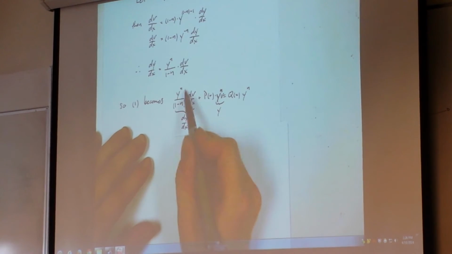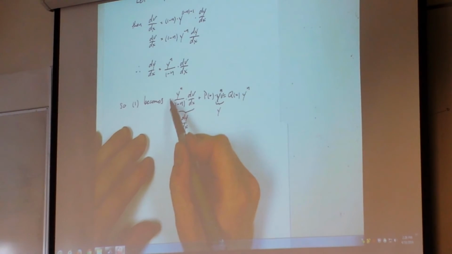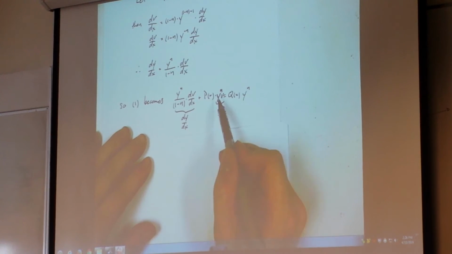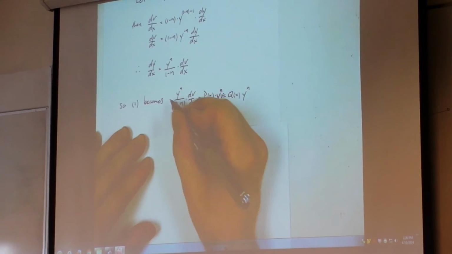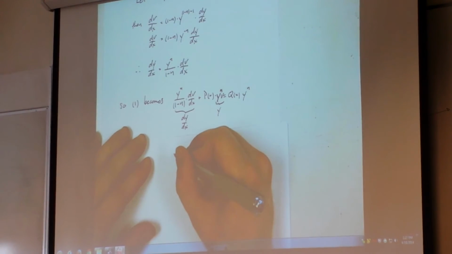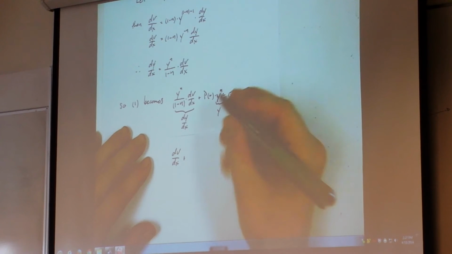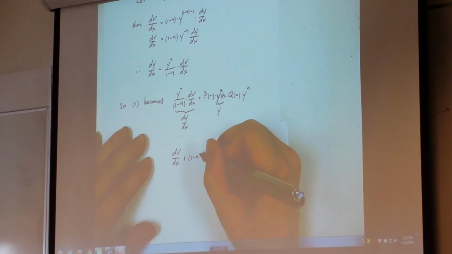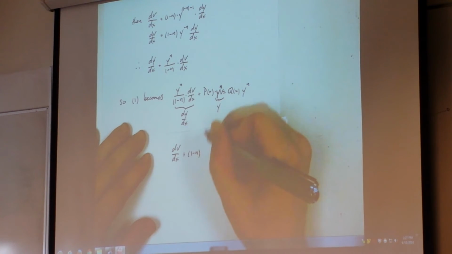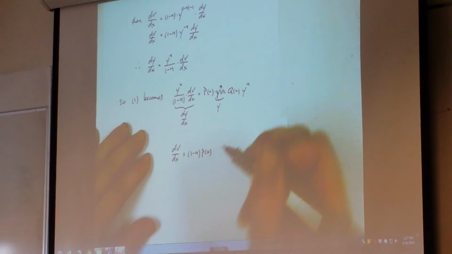So, see all these y to the n's? If I multiply or divide both sides by y to the n, those all cancel out. At the same time, multiplying by 1 minus n, we get dv dx plus, and 1 minus n is going to hit all these, 1 minus n p of x v.